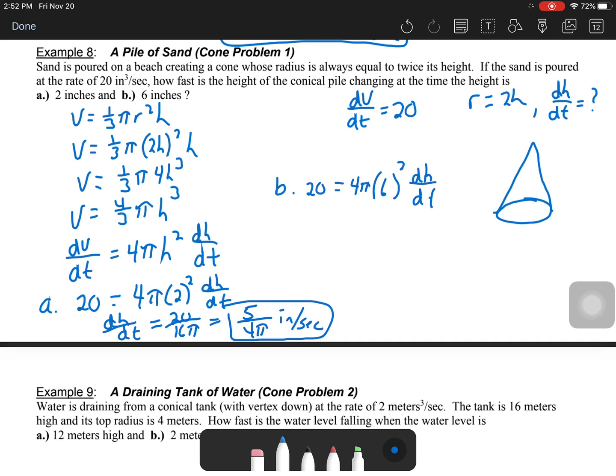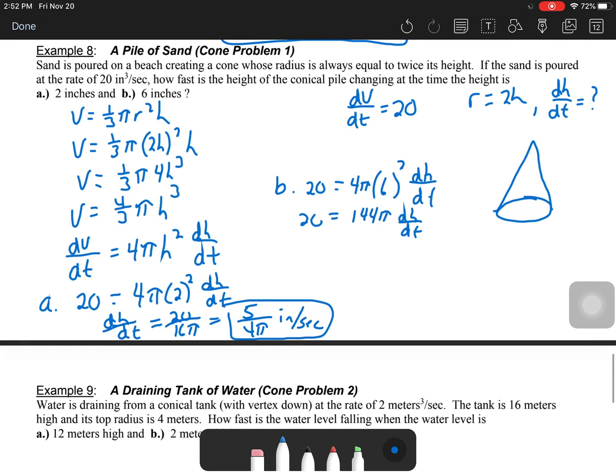Now I'm going to have 36 times 4, which is 144 pi dh/dt equals 20. If I divide that out, 20 over 144 pi, that does reduce. We could divide each by 4, and we would get 5 over 36 pi.